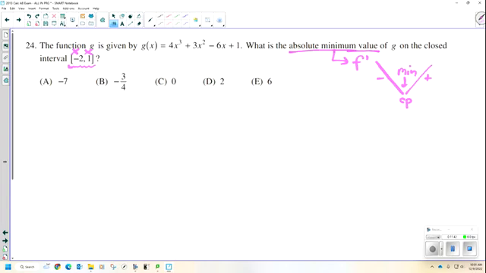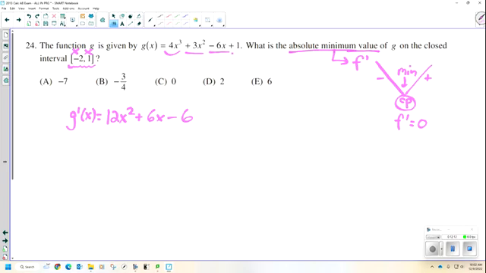So how do I find a critical point? I take my first derivative and set it equal to 0. So let's start by taking the first derivative here. g prime of x is the derivative of 4x cubed, that's 12x squared. The derivative of 3x squared, that's 6x, minus the derivative of 6x, which is just 6.